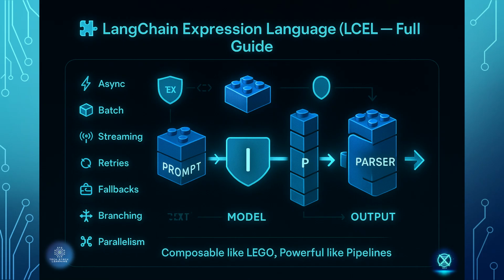It gives you one API for sync and async, and another for batch, streaming, tracing, retries, fallbacks, or branching. Simple composability: prompts, models, parsers, and transforms fit together like Lego, like a single thing. We will see live examples on how to use that.